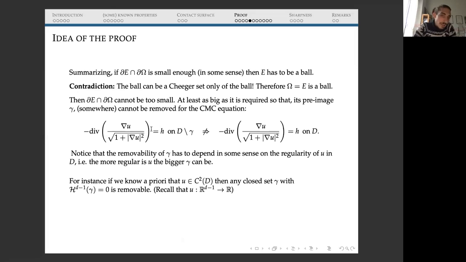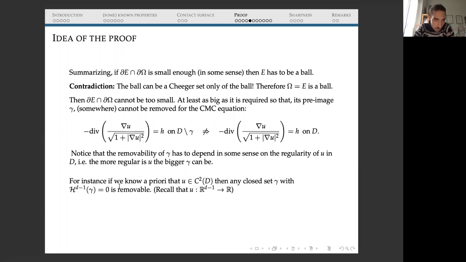Okay, brief remark, trivial observation. The removability of gamma depends clearly on the information you have on U. So the more regular U is on the full D, the bigger gamma can be. Until you get to the extreme scenario, for instance, if you know that U is C2 on the whole D, and it solves the constant mean curvature equation on D minus gamma, then by continuity of the derivative, basically any set with Lebesgue measure 0 in its own ambient space is removable.